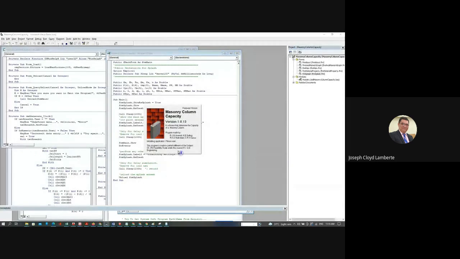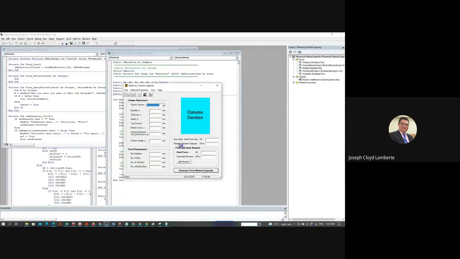Kaya lang pag-produce na ko aning program is a straight line lang akong interaction diagram. So this is a column interaction diagram calculator for a possible design of masonry columns. Mag-select kag section, 1 CHB.